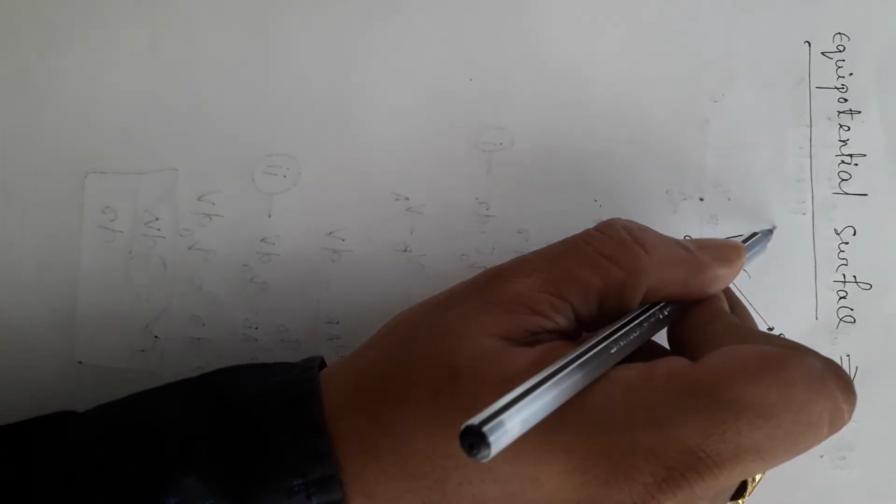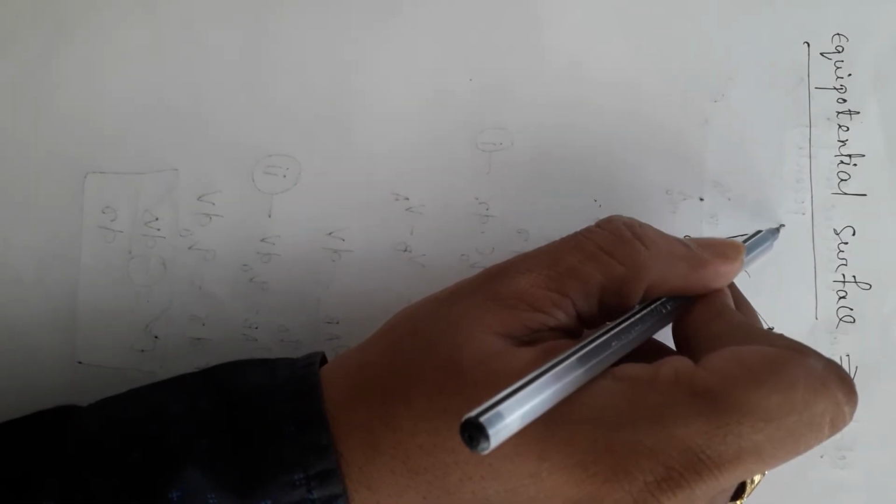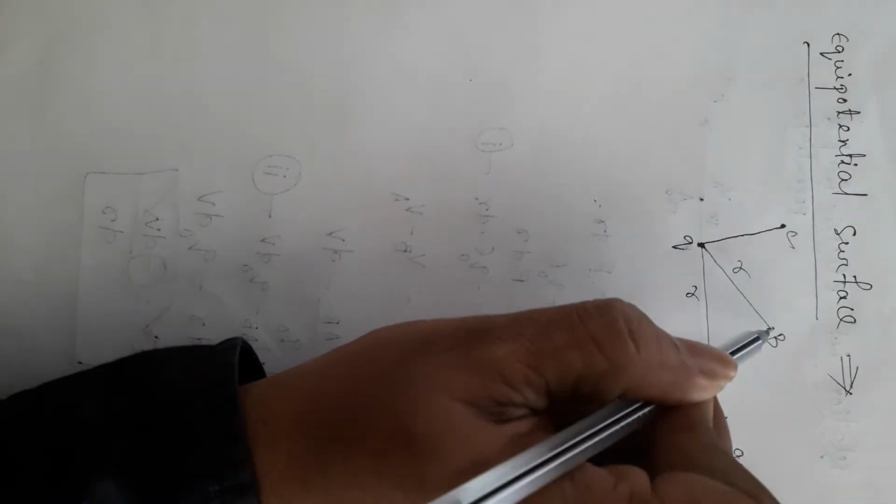Similarly at point C, the potential is same. So at A, at B, at C, the potential will be same because Q is same and R is same.